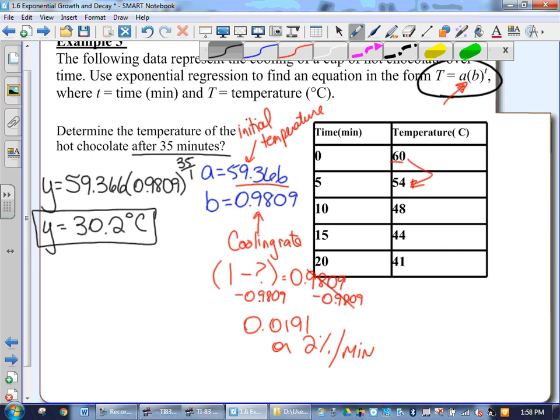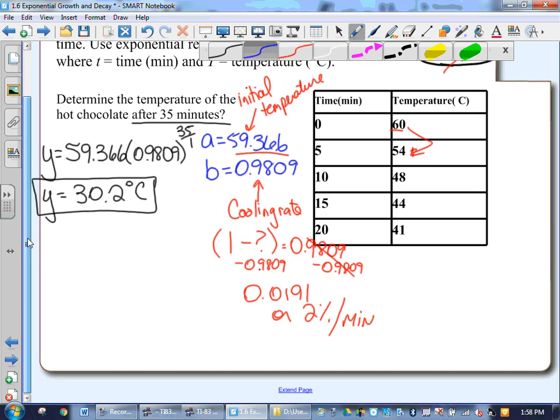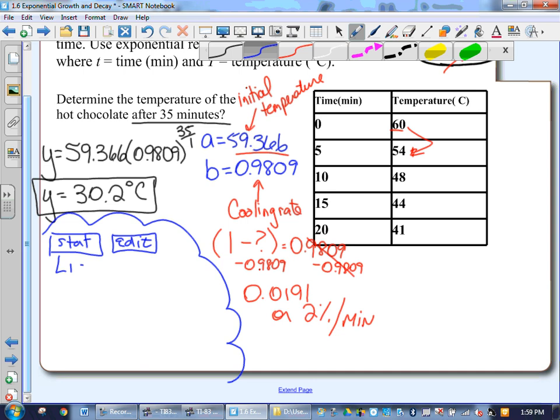Now, it's probably challenging to remember what all those steps were, so I'm going to write them down. To enter our table, we pressed Stat, Edit. Under List 1 is the first column. List 2 is the second column.